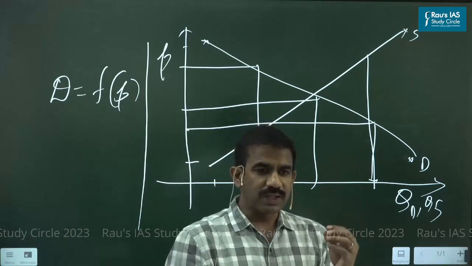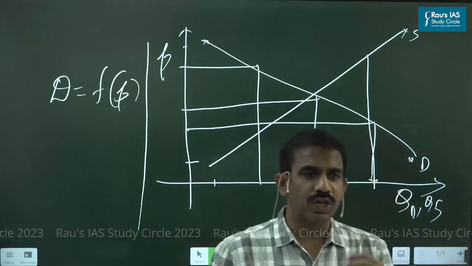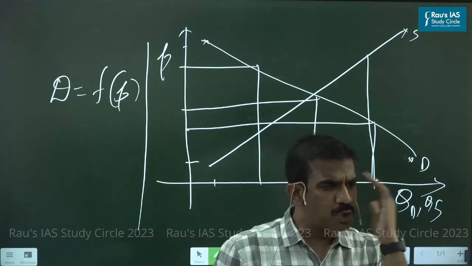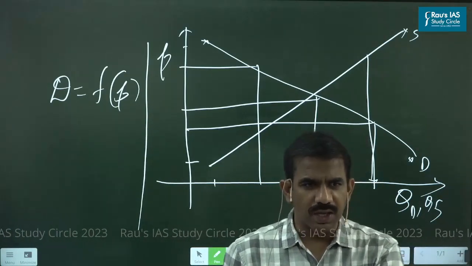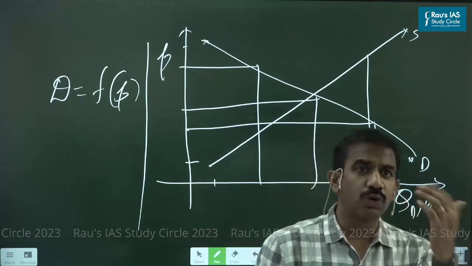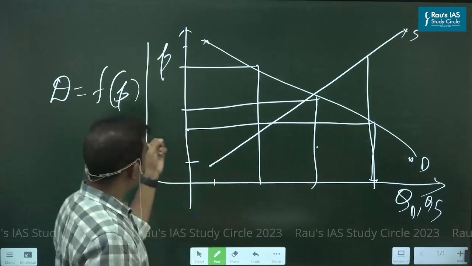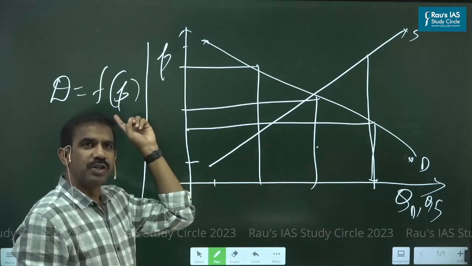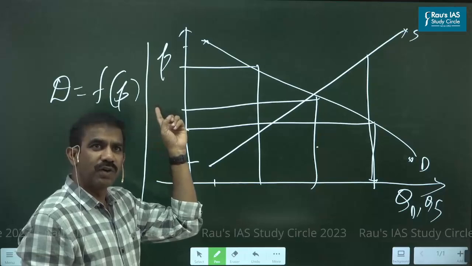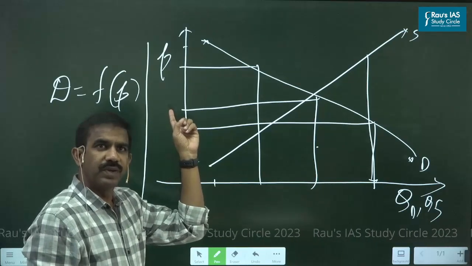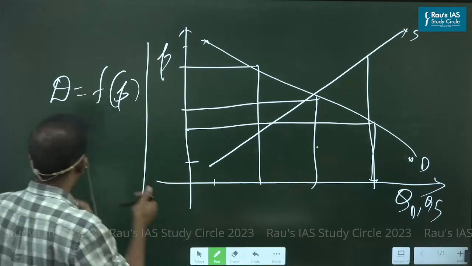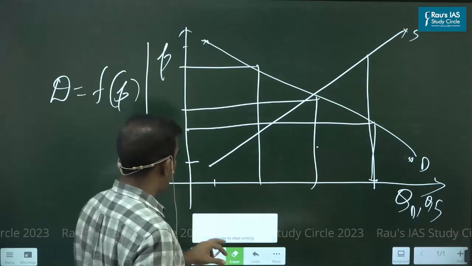So when I say demand for a good rises or falls with change in price, it's by mere intuition. Everyone could say that, isn't it? And the same thing you're presenting in the form of a graph, and you could also express it as a mathematical equation, as a function. Demand is a function of price.